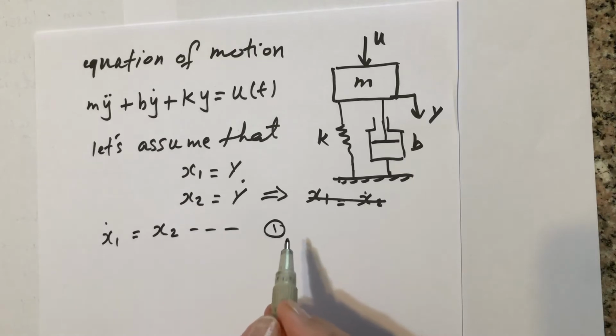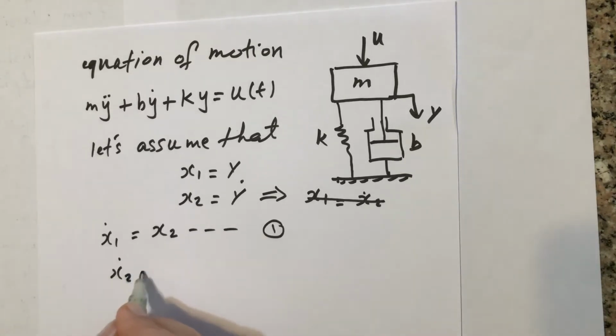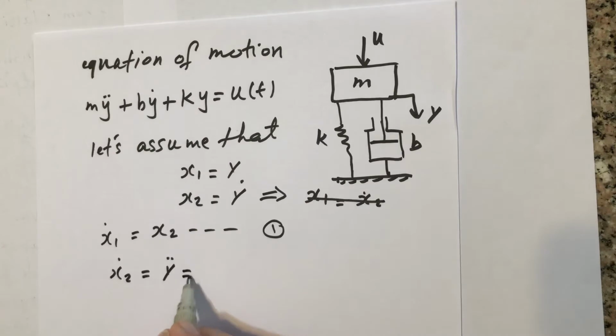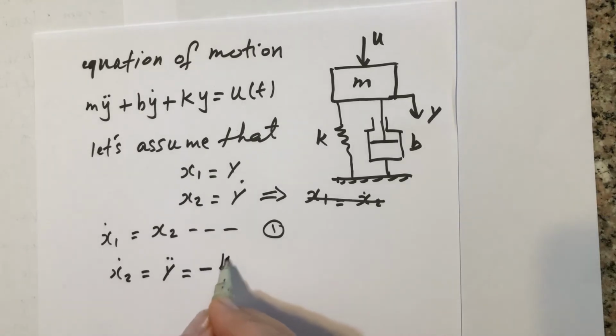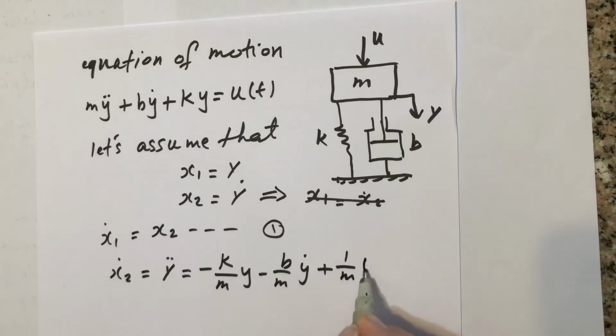And then we have x2 dot equal y double dot, from the above equation equal minus k over m y minus b over m y dot plus 1 over m u of t, right?